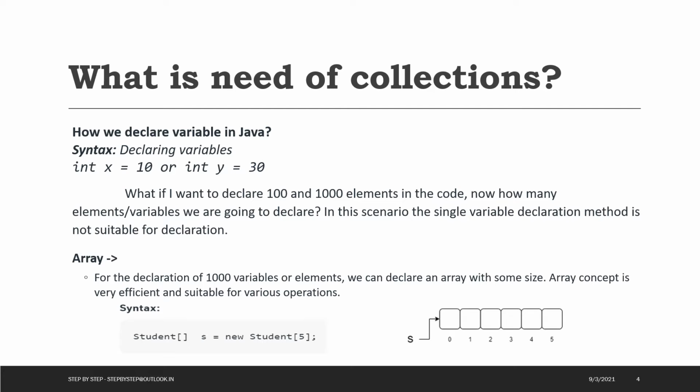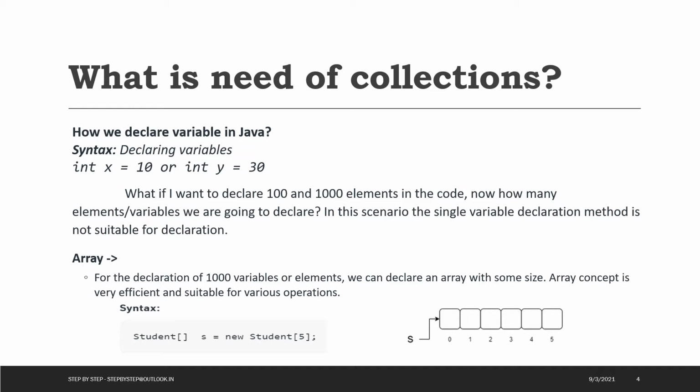So then the concept of array came into Java. An array will store those 1000 elements in a single variable. For the declaration of 1000 elements, we can declare an array with some size; we just need to specify the size. The array concept is very efficient and suitable for various operations.